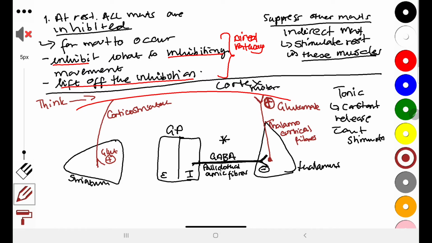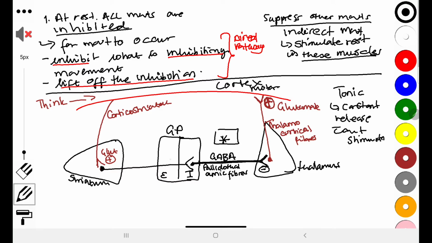Now, in the striatum, the type of nuclei that are there are GABAergic. So you see where the story is going. So now we have a way of stimulating something that can inhibit our inhibitor. From here, this goes right to the inhibitor in the globus pallidus internus.